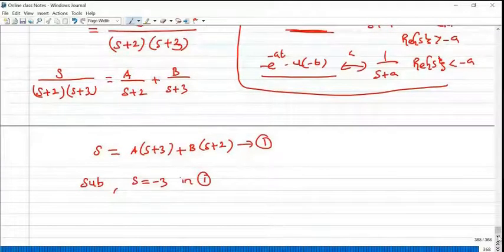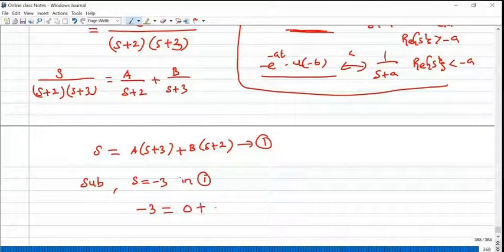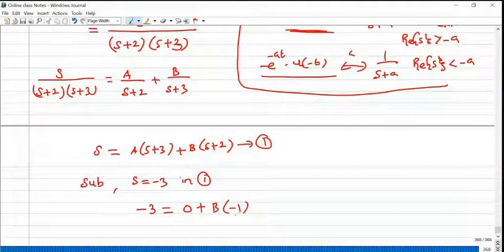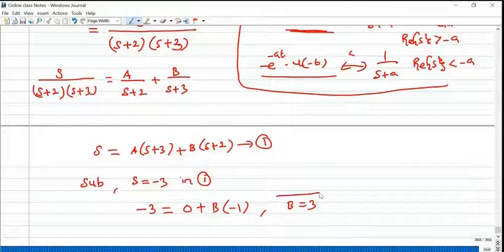So this is simple two poles. So s equal to minus 3. Minus 3 equal to 0 plus B into minus 1. Okay. So minus 3 equal to minus B. B equal to 3. Right?